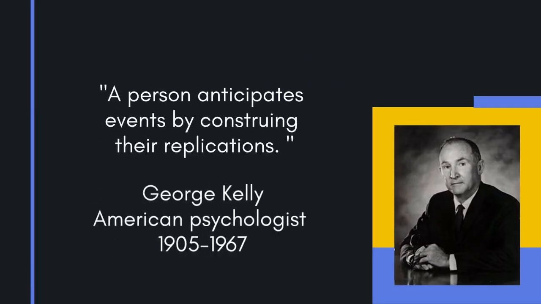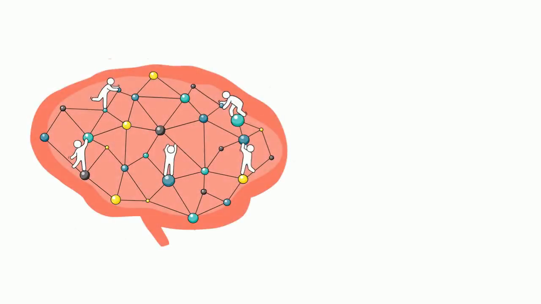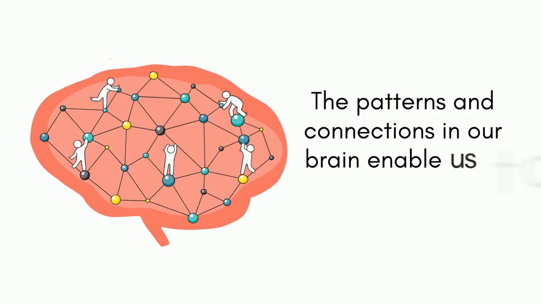To George Kelly in particular, and constructivists in general, the baby had noticed patterns and replications, and was using these to anticipate how to deal with this new experience. The baby has a mental framework of how she thinks the world works, based on patterns and replications that she has noticed. And she uses this framework to make guesses about new experiences she encounters.